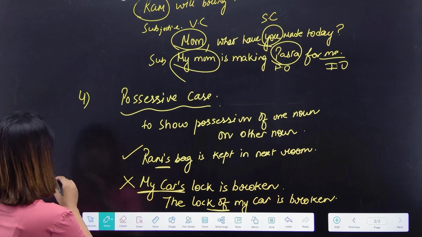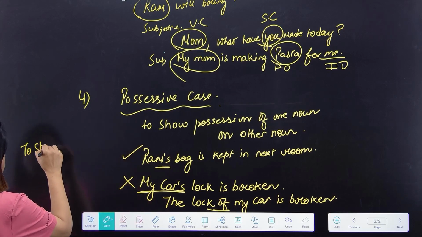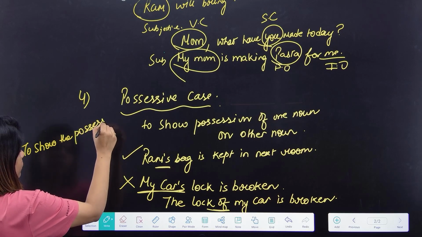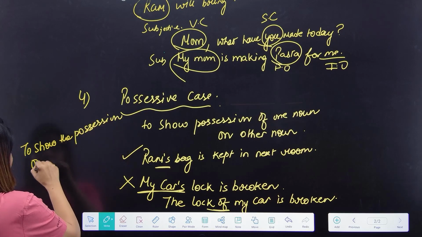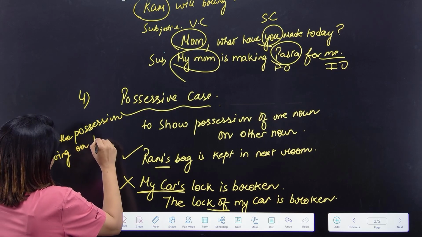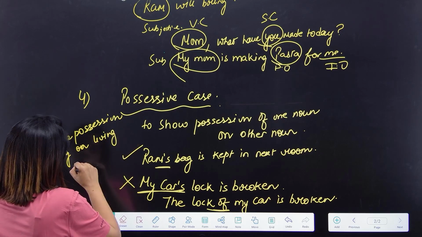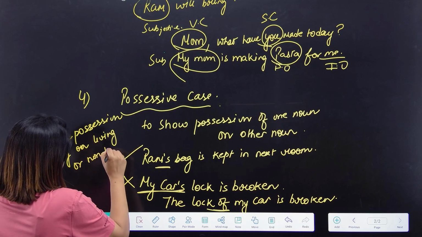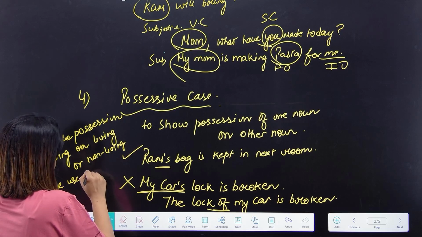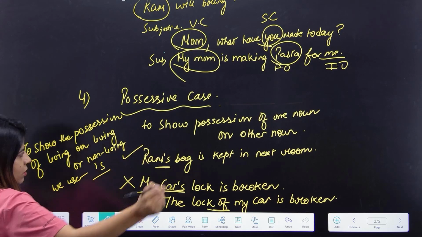Write it down. To show the possession of living on living or non-living, we use apostrophe s.